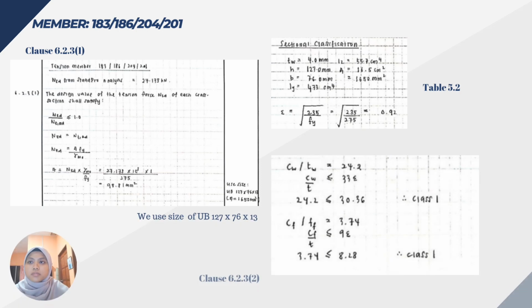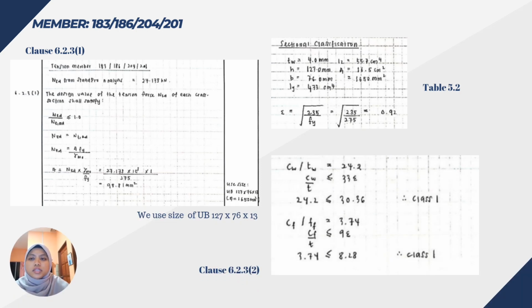For the next tension members, which are 183, 186, 204 and 201, the NED from the STAAD.Pro analysis is 27.173 kilonewton. From the calculated area, we can determine the suitable size of beam, which is 127 by 76 by 13.